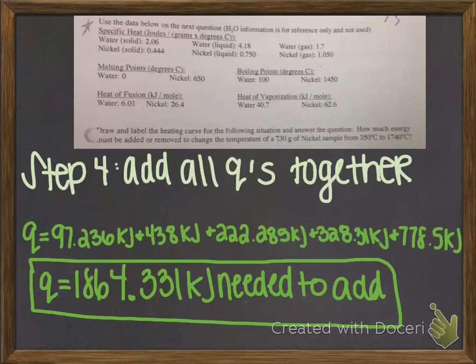And then specifically for this problem, once you get that answer, it asks you to write if the energy needs to be added or subtracted from the nickel to get it to that temperature. And the answer would be to add this energy because you need to raise the temperature.